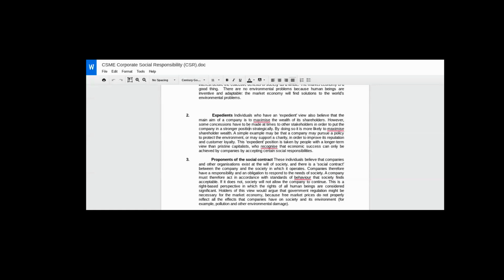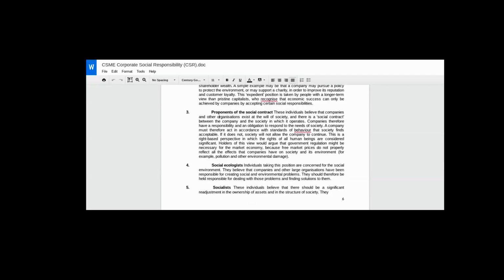But that said, however, due to some circumstances, due to the need to give back to the stakeholders, if there is need to do that, the company must be responsible to their workers. They must be responsible to some stakeholders and the society so that it will put the company in a very strong strategic position against other competitors. Because the companies will want to associate themselves practically in solving the problems of the society, so they can do CSR. That's the expedient view.